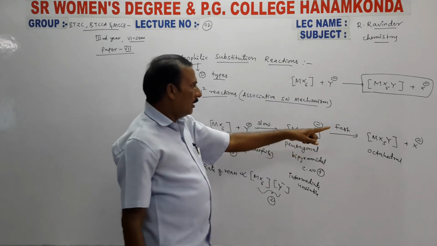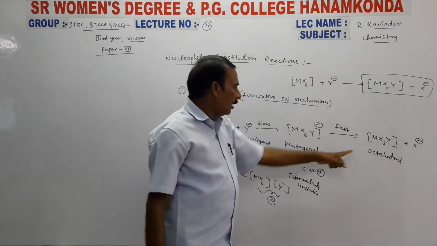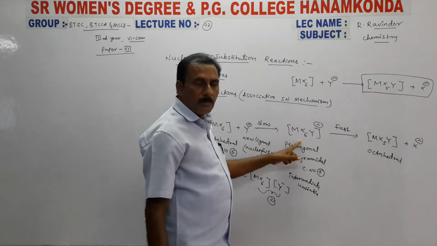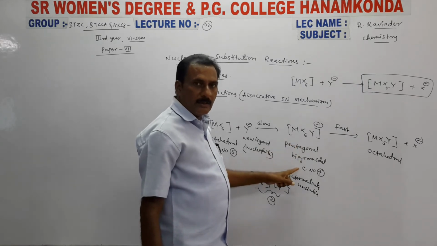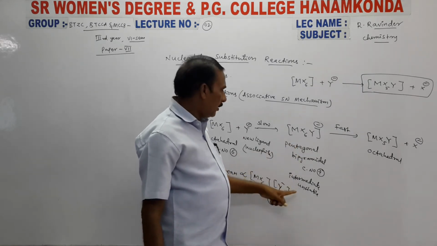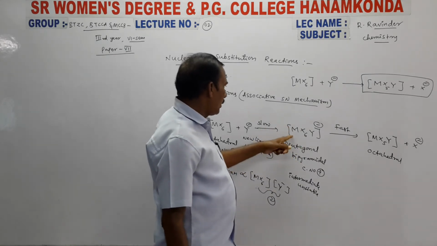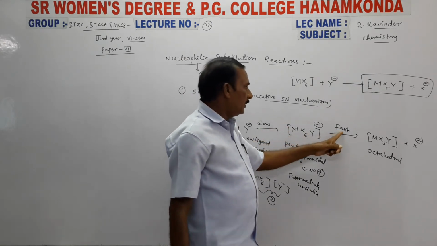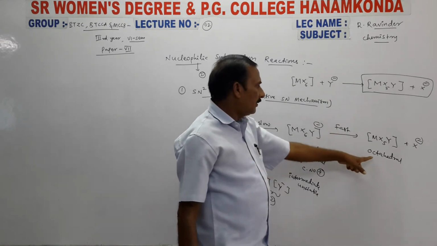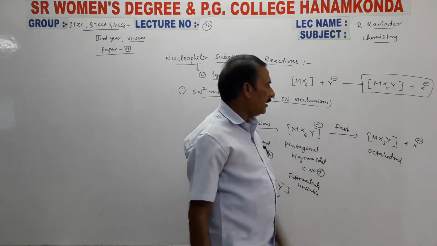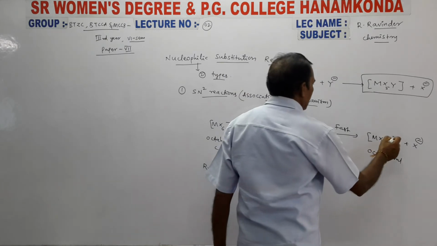The octahedral complex forms a pentagonal bipyramidal structure, an unstable intermediate compound, in a slow step. Then in the fast step, the unstable intermediate is converted into the octahedral final product, eliminating X minus.